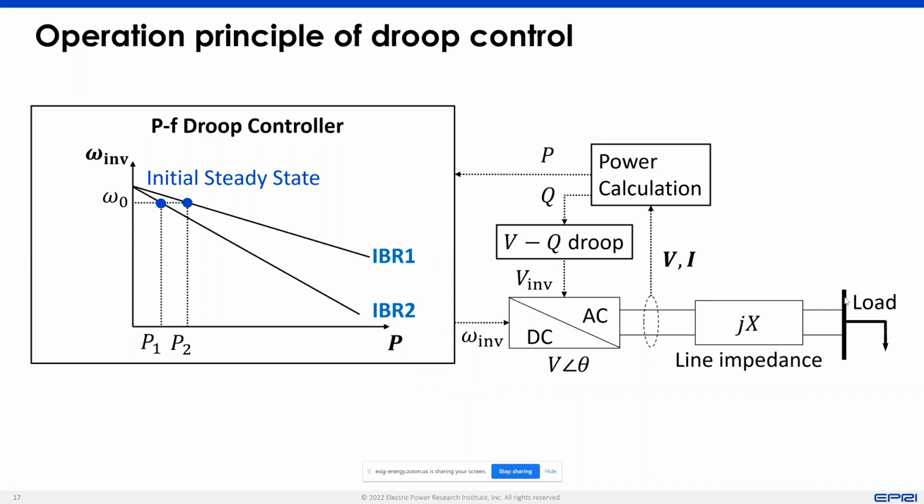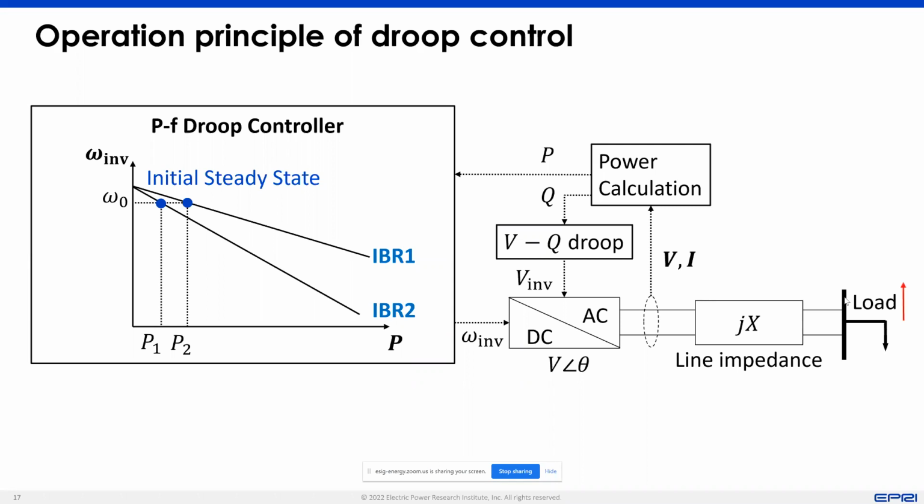Now, in terms of steady state operation, this first type of droop control, like I mentioned before, measures the voltage and the current at the terminal and calculates the P and Q, and then determines the internal voltage and frequency output of the inverter. But in a sense, what it does is to follow this droop curve.